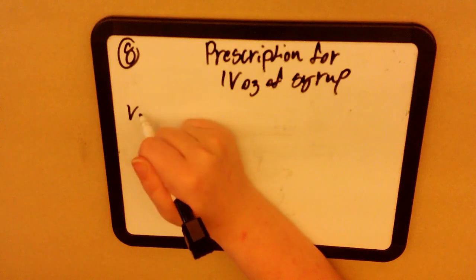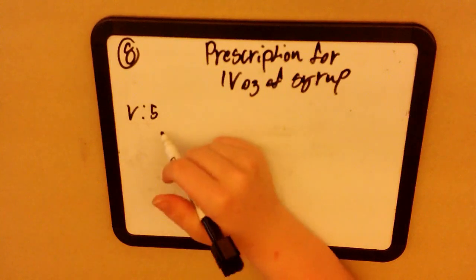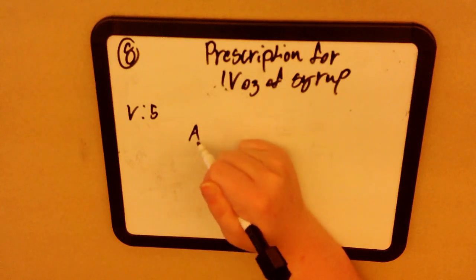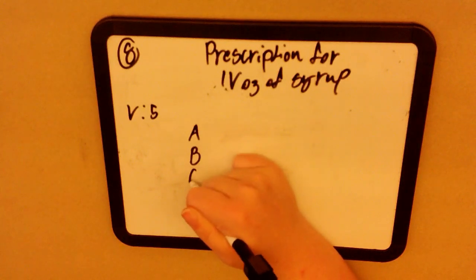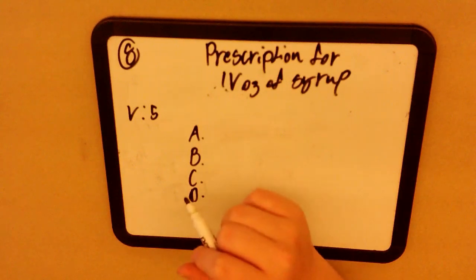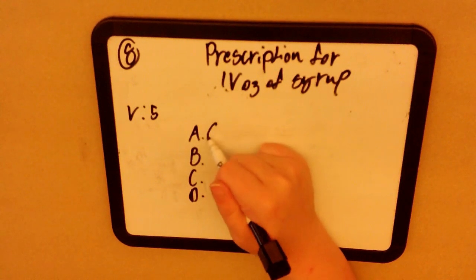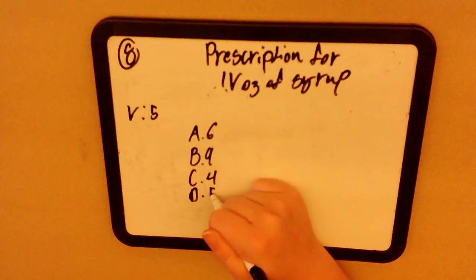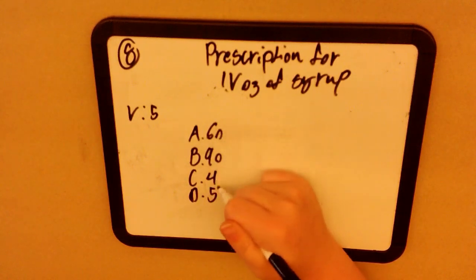And so we have to remember that V equals 5 in this occasion. And so we're going to write our A, B, C, and D. And so A is going to be 6 ounces, B is going to be 9, C is going to be 4, and D is going to be 5.